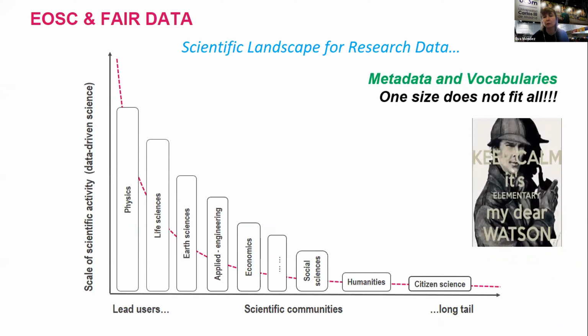But unfortunately, when you look at the scientific research data landscape, there are domains that are very big on data management. They have big infrastructures. They have big domains. They manage within the silo of the domain perfectly their metadata. But there is also a very big long tail of sciences, of the repositories.